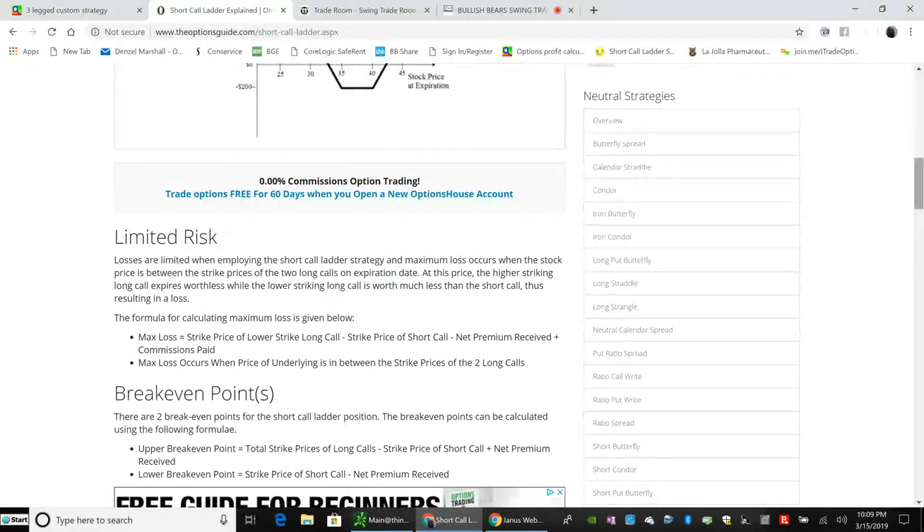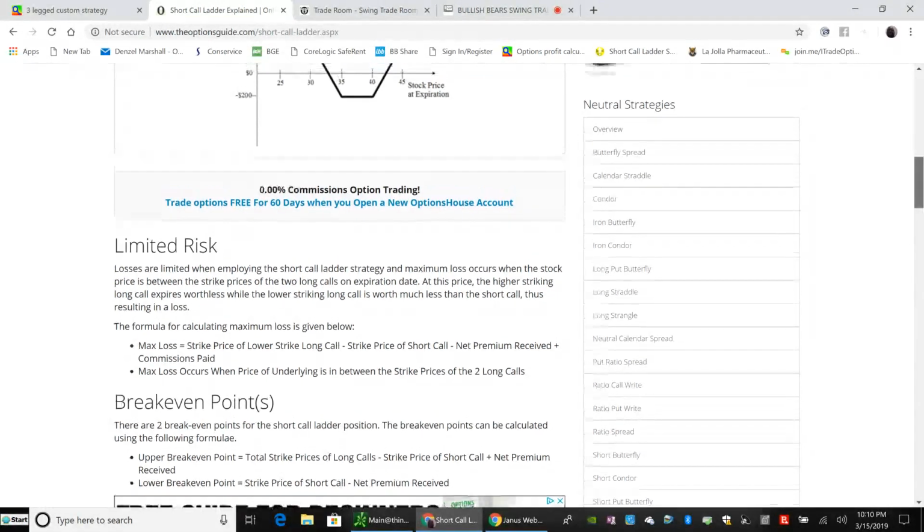So between the strike prices of the two long calls at expiration is when you could possibly receive maximum loss. So if the price of the stock lands between those two and sits there at expiration, you can receive maximum loss.